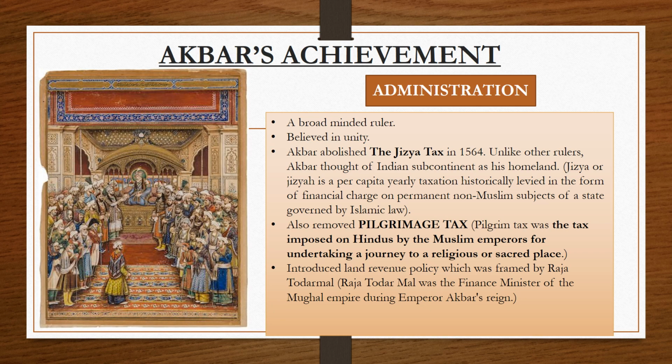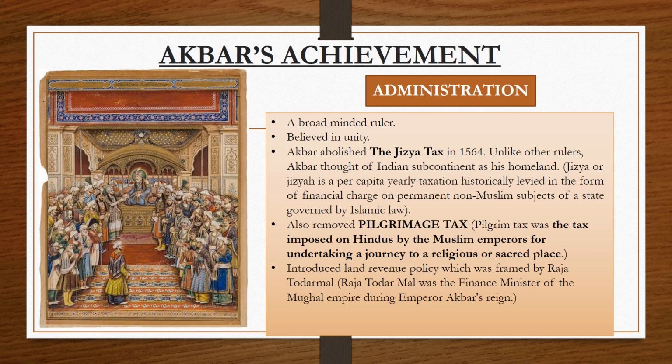Akbar thought of the Indian subcontinent as his homeland. And then he also removed the pilgrimage tax. It was a tax which was imposed on Hindus by the Muslim emperors for undertaking a journey to a religious or sacred place.